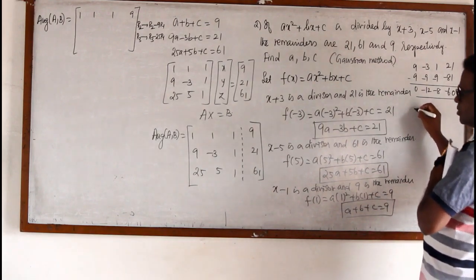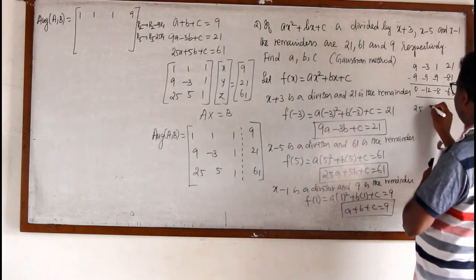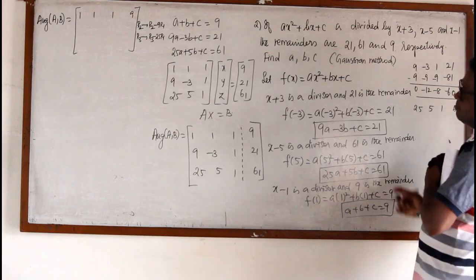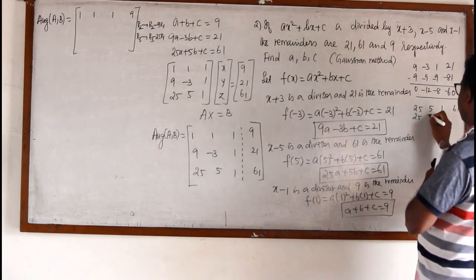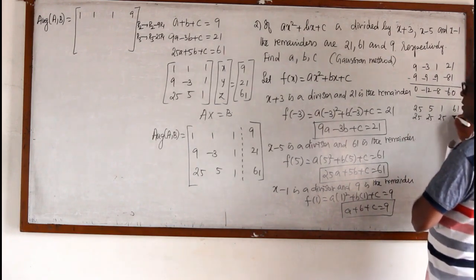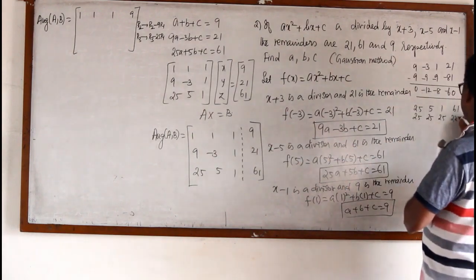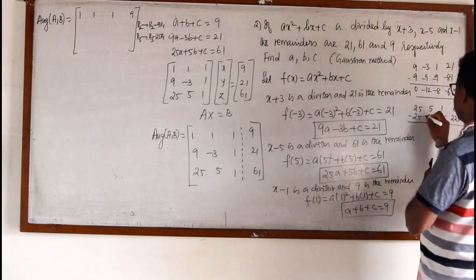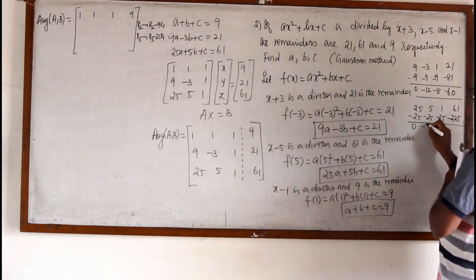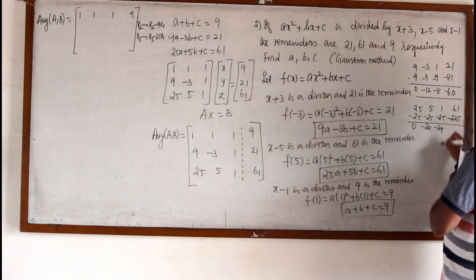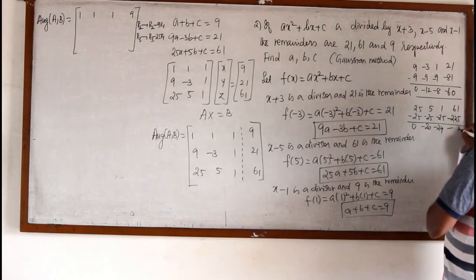Similarly, third row is 25, 5, 1, 61. Multiply first row by 25: 25, 25, 25, then 9 25s are 225. I have to subtract, so change the sign. 0, minus 20, minus 24, minus 164.